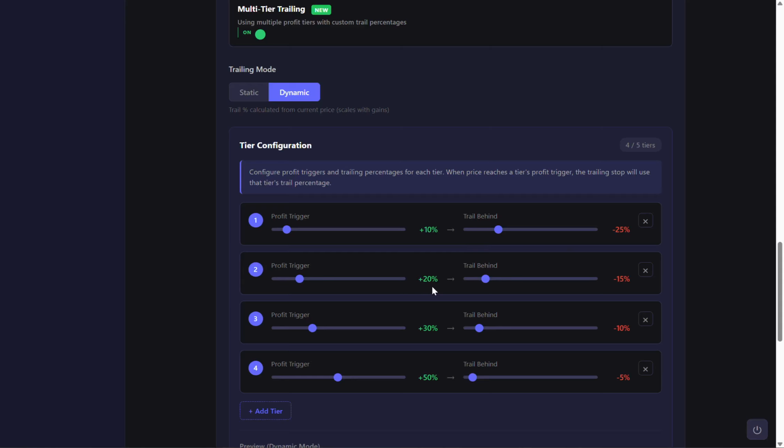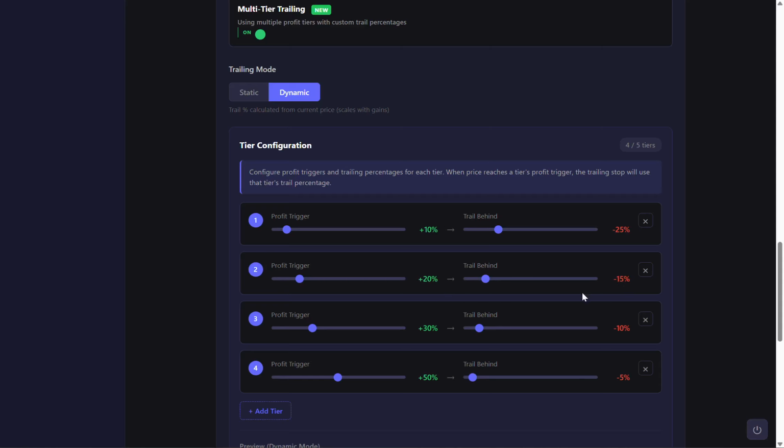If we had this trigger, it would go up to 20, start trailing by 15%, so if we went up to 25%, be 25 minus 15, so you would actually lock in 10% profit, okay, where this one would be 0, so this one would be 10.